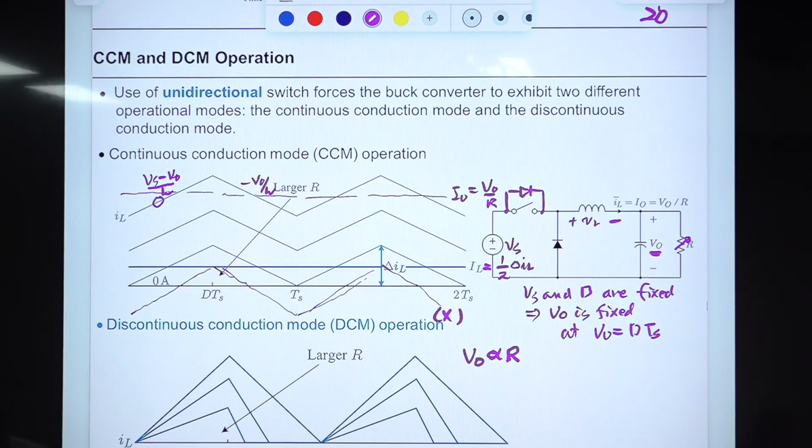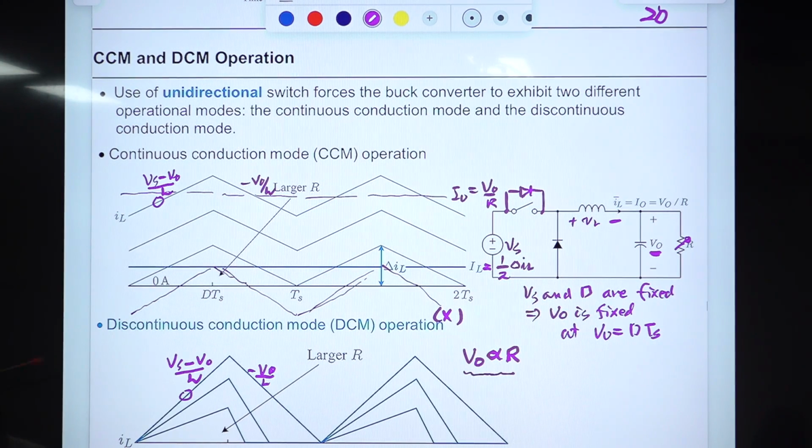If this is true, then the on-time slope is Vs minus VO divided by L, and the off-time slope is minus VO divided by L, right? So this is the slope.